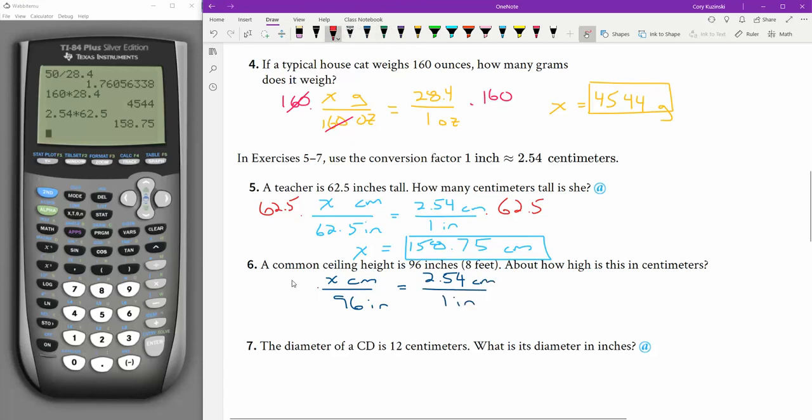Multiply both sides by 96. 2.54 times 96 is 243.84 centimeters.